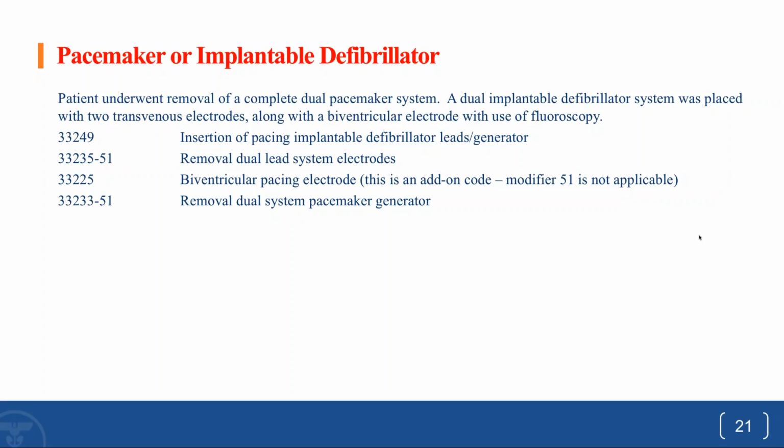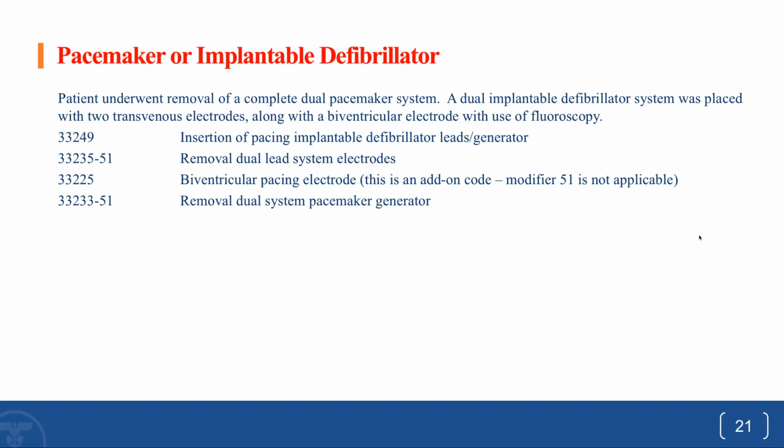Now what are we doing? Now they're going to insert, because it says placed, a dual implantable defibrillator system was placed. So that means that's an insertion. So we're going to go to insertion, which is up to the top.